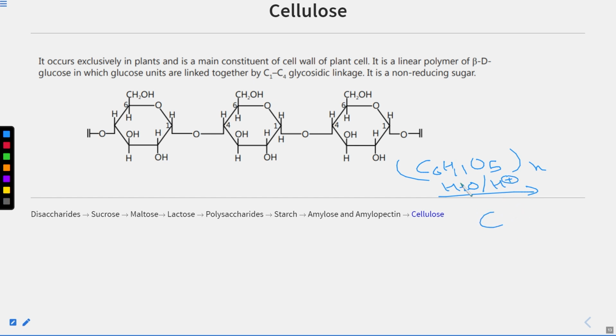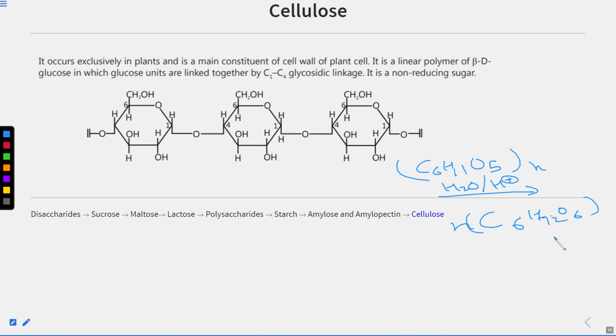this gives us C12H22O11, present as n units, and this can be reduced to C6H12O6.